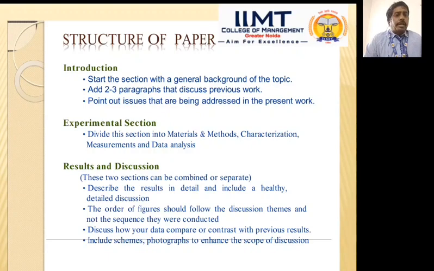Again, the result and discussion. These two sections can be combined or separate. As an academician, if you want to separate these sections, you can, or you can keep them combined. Describe the results in detail and include a healthy, detailed discussion in the research paper. Earlier I talked about microfinance in sustainable development as an example topic.